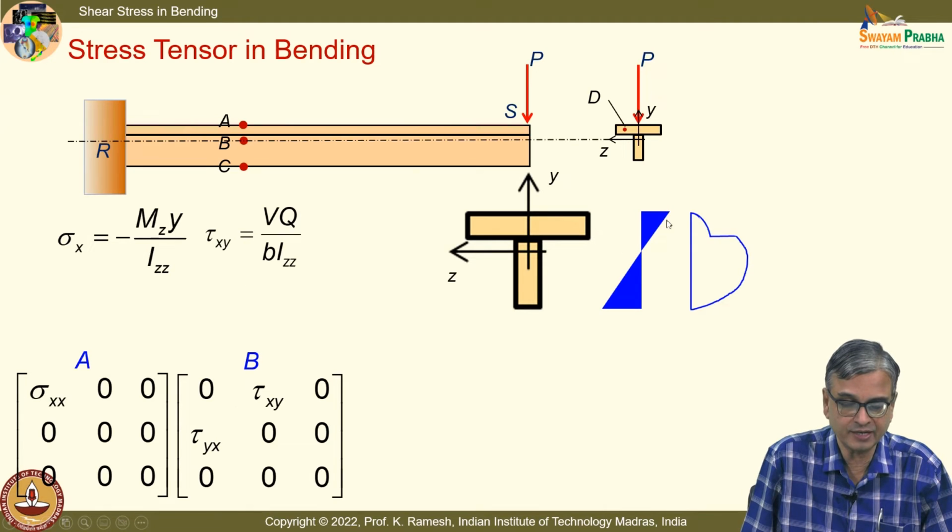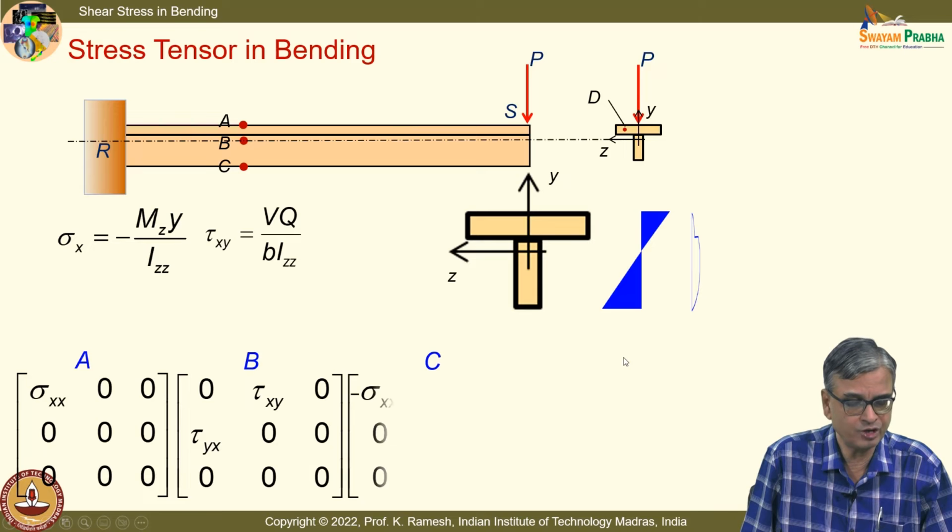Your typical bending stress variation is like this, and your shear stress variation tau xy is like this. And when you modulate this for the actual values, these values are very small compared to the bending stress. And when you go to the point C, I have put this as minus sigma xx.